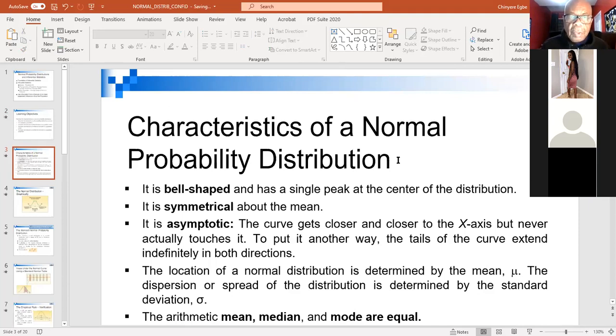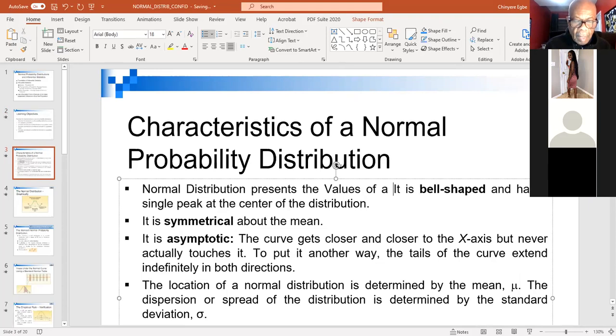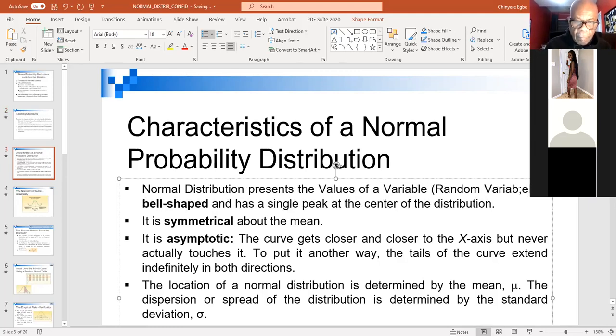The normal distribution is a statistical distribution of the values of a variable, and I will say a random variable.